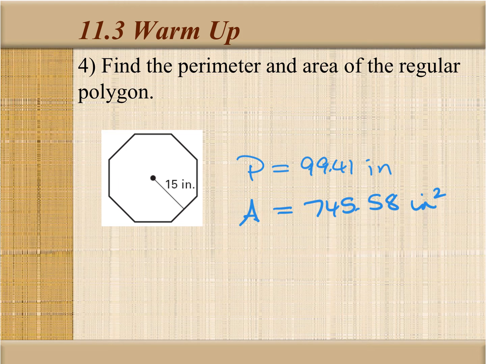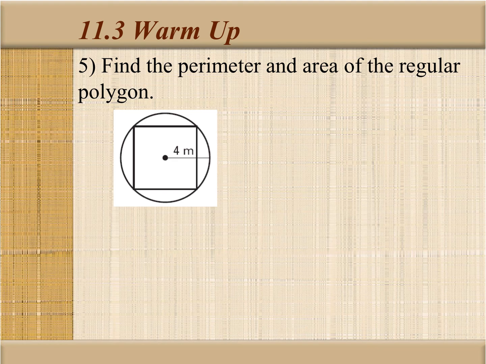Okay, so for the square question, this is not the apothem. It goes all the way to the side of the circle. This is a radius. And if I draw in another radius, now I've got a little right triangle here that I can work with. And I can do the 45-45-90.